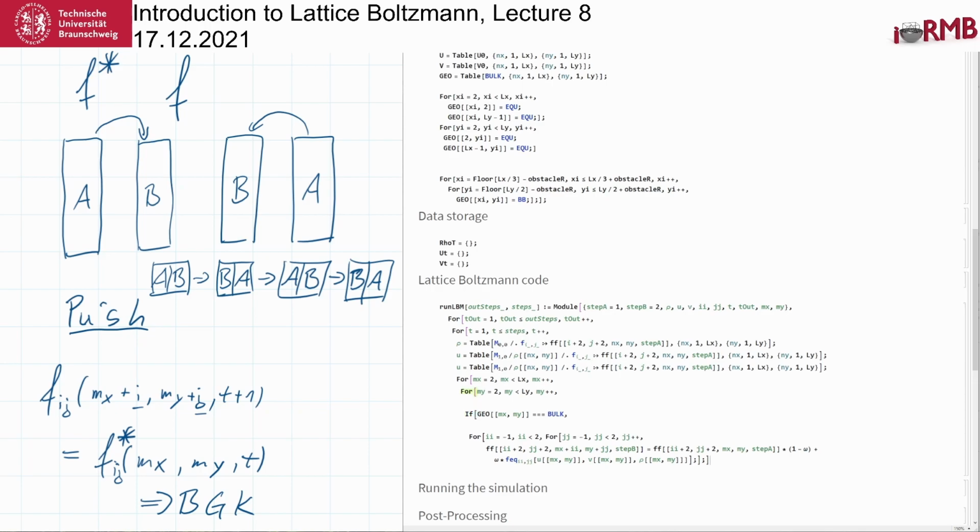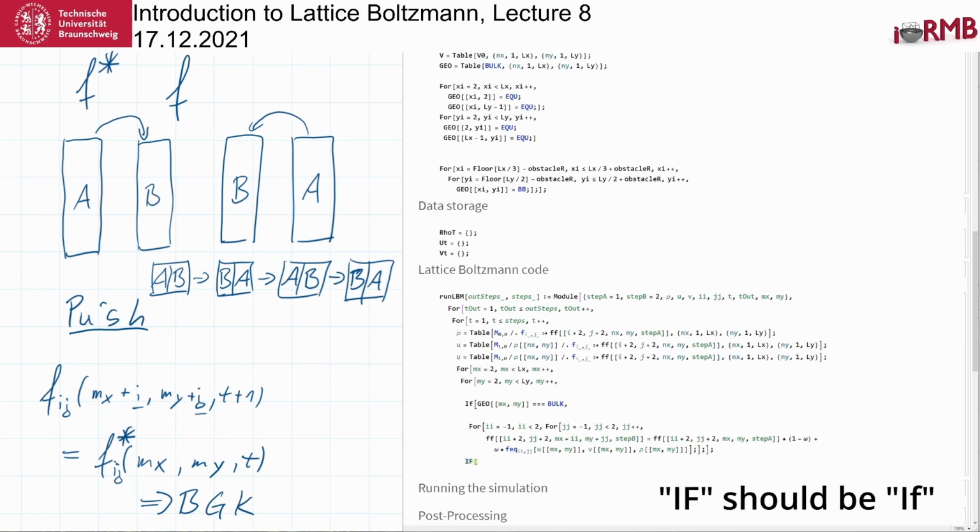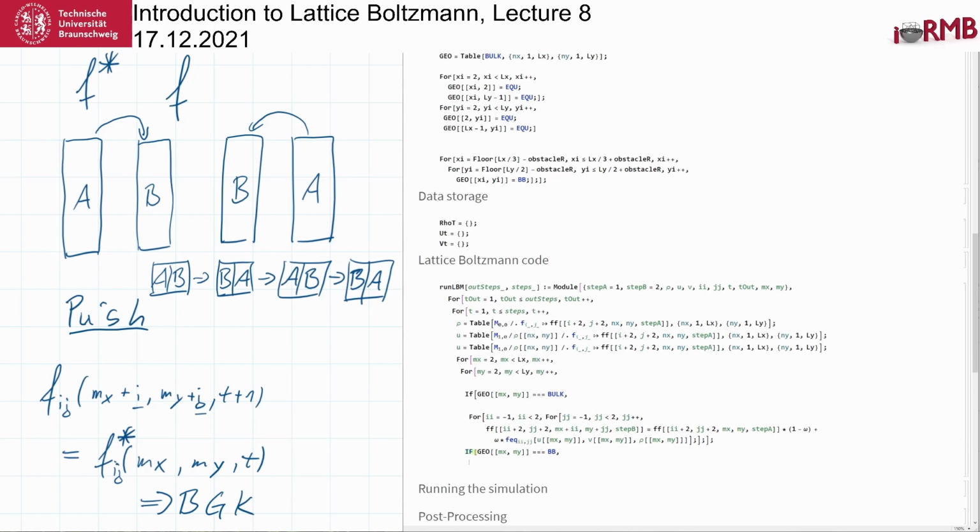If geo bulk here. So now the next thing is if geo mx my is equal to bounce back, and okay, we need the same loop, so I'm going to just copy this.